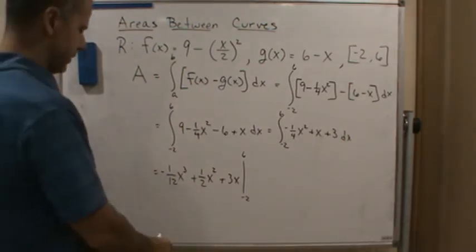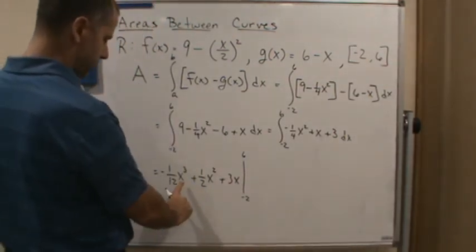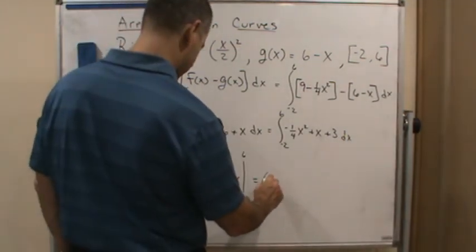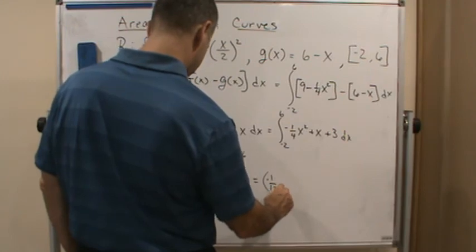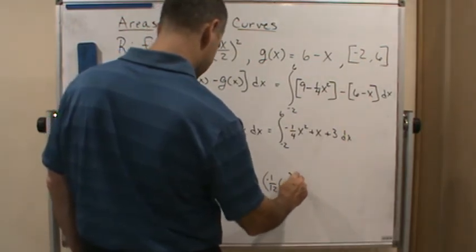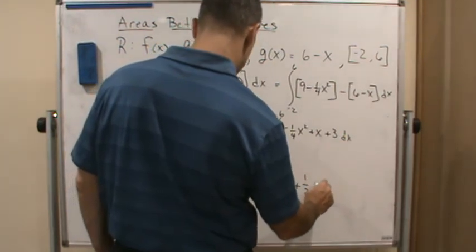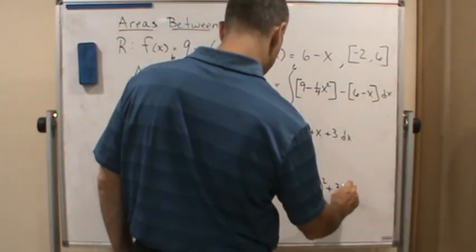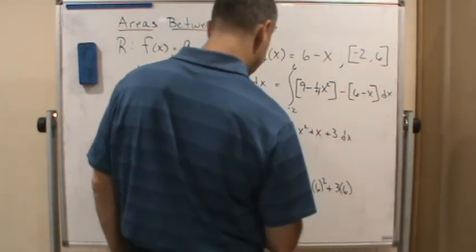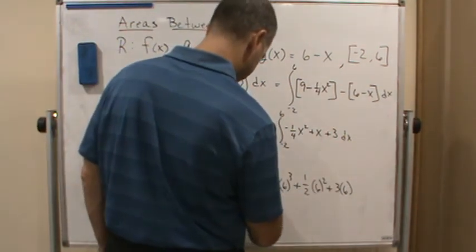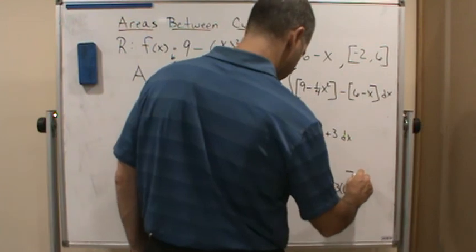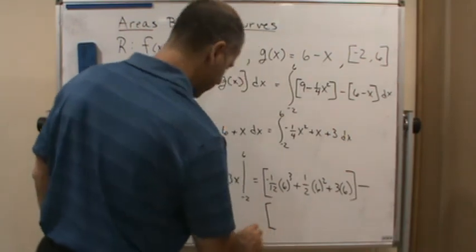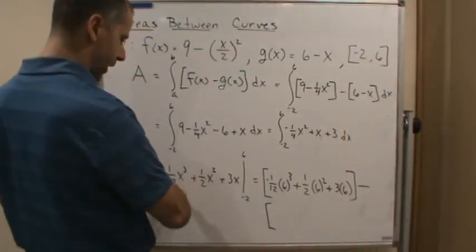If I evaluate this, all you're going to do is evaluate it at 6 first, so that's going to be negative 1/12 times 6 cubed plus 1/2 times 6 squared plus 3 times 6. And then you're going to subtract off the whole thing evaluated at -2 now.